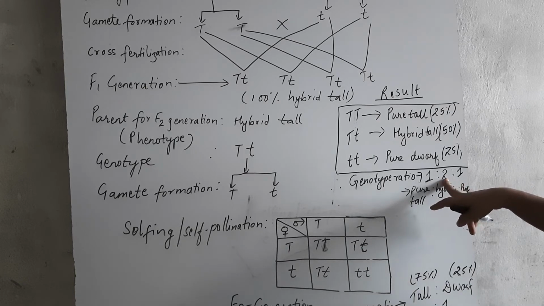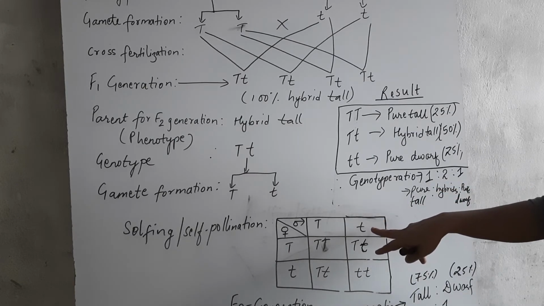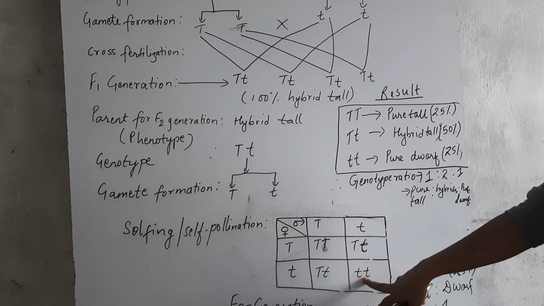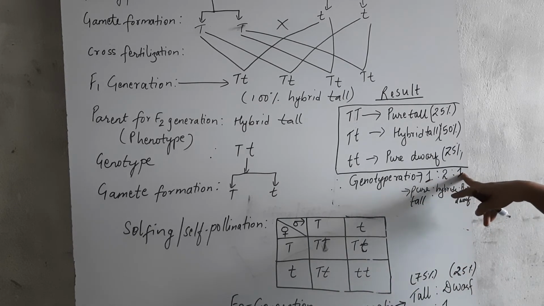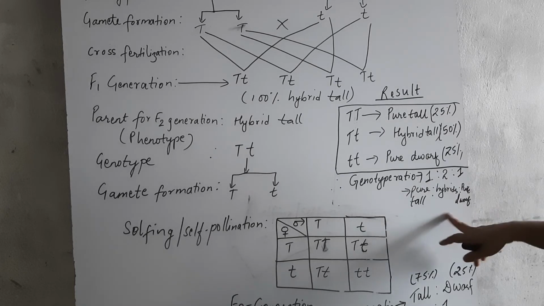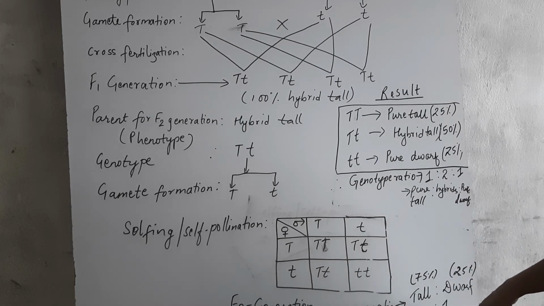And the organism containing the pure dwarf gene is present only 1, that's why 1:2:1 is the genotypic ratio, and 3:1 is the phenotypic ratio of monohybrid cross.